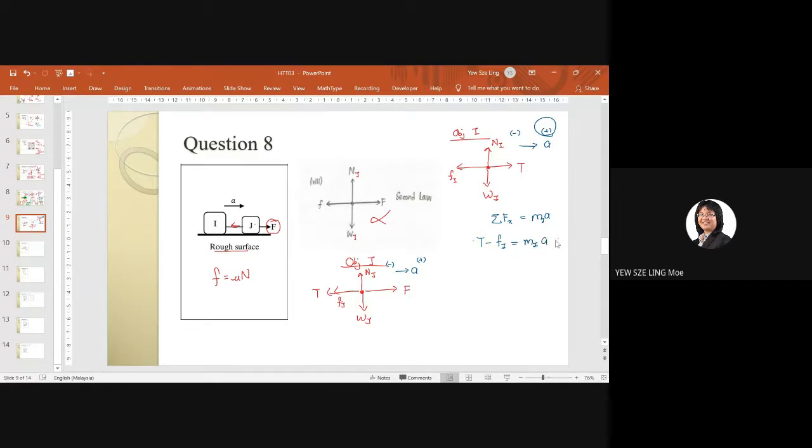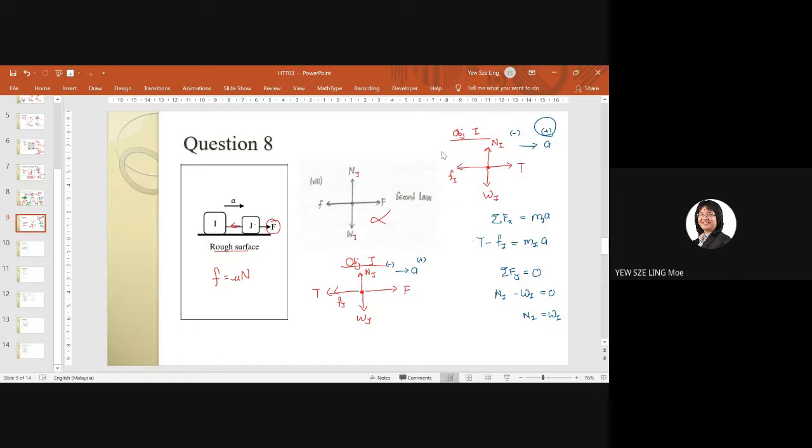So this is the first equation coming from object I. For the Y component, because there's no motion along Y, summation F equals 0. So make sure you know when to use the first law and when to use the second law. First law: summation Fy equals 0, so Ni minus Wi equals 0, and Ni equals Wi.